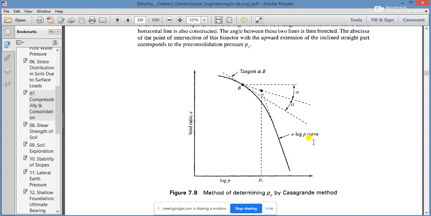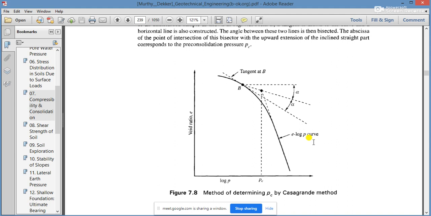So in this figure, you can see this is actually the E log P curve. It is one of the important questions for soil mechanics, for foundation engineering, for soil mechanics 1, soil mechanics 2, whatever. The E log P curve is very important for theoretical questions and practical questions. What is the E log P curve?